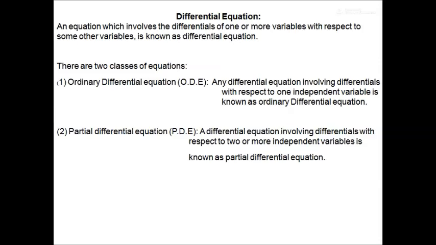Now, differential equations can be classified into two categories. One is the ordinary differential equation, and the second one is the partial differential equation. An ordinary differential equation is any differential equation that involves the differential with respect to one independent variable.